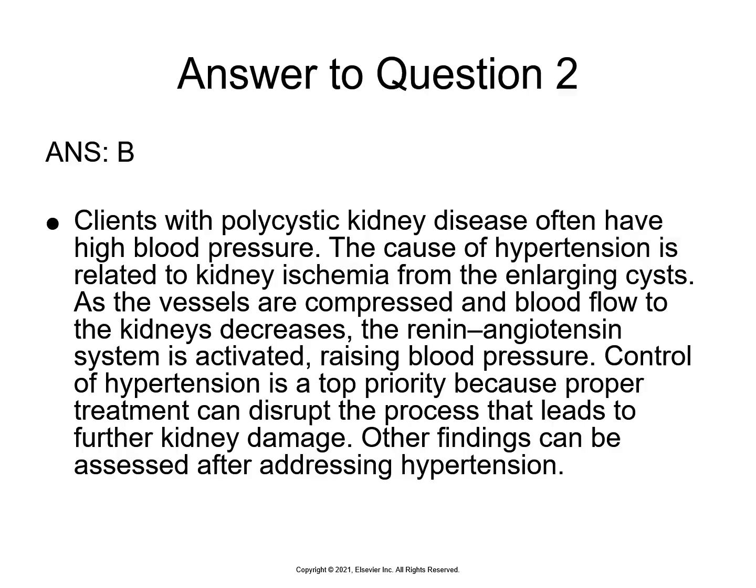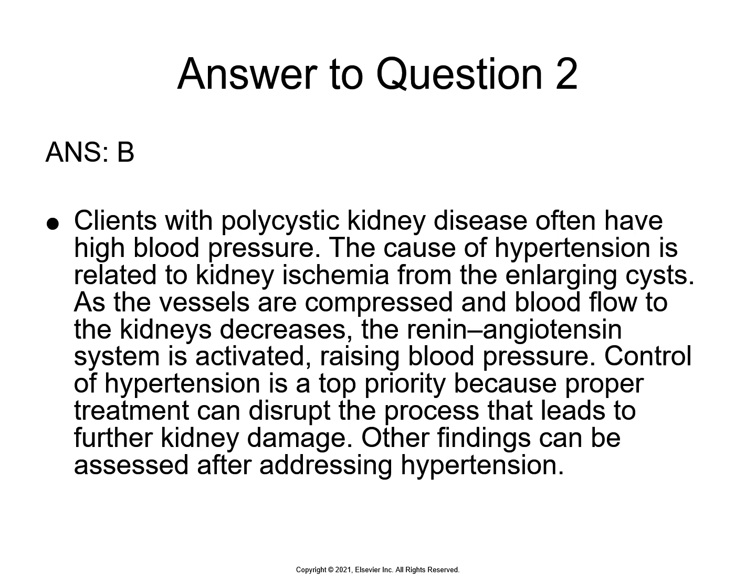It's the blood pressure. Clients with polycystic kidney disease often have high blood pressure, and the cause of it is related to kidney ischemia from those big old cysts they're growing. When they're compromised, it compresses the vessels, and the blood flow to the kidneys decreases, and the renin-angiotensin system is activated, which will raise the blood pressure.